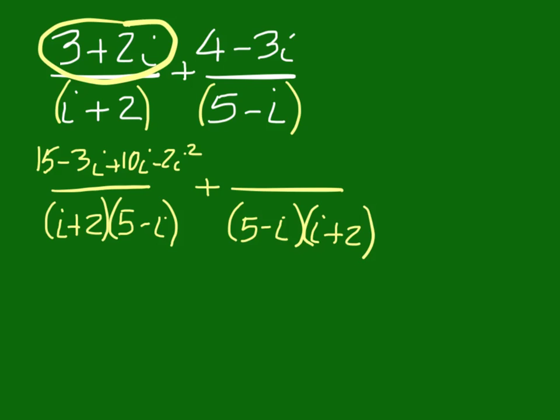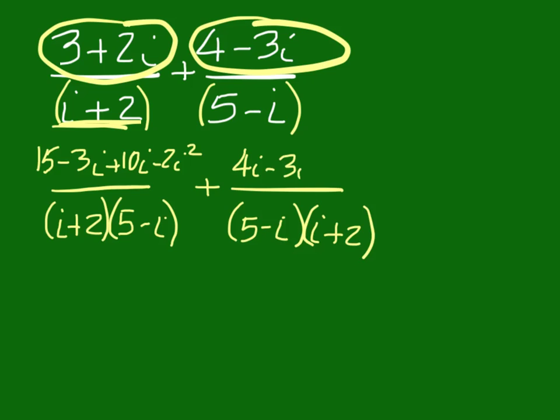Then we're going to have to multiply this one by this down here. When we do that, we come up with 4i minus 3i squared plus 8 and then minus 6i. From there we can simplify a little bit.